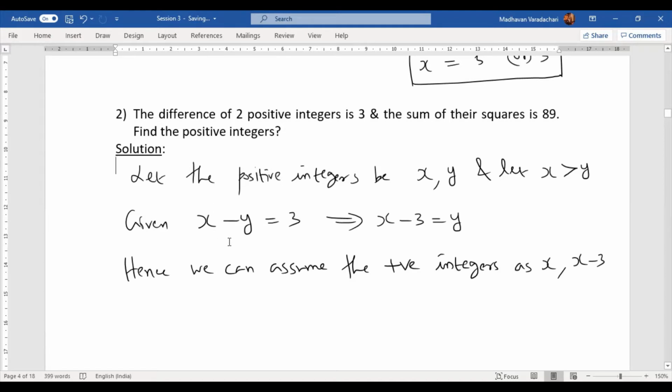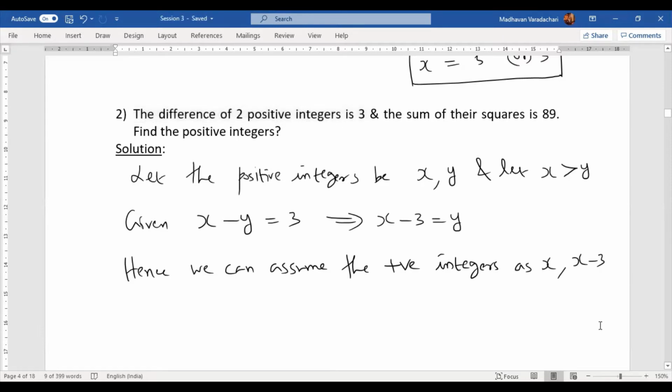I wrote these steps so that whatever is expressed here is clearly understood. When they say difference of two positive integers, it is better to start with x and y, understand y in terms of x, then you can rewrite the positive integers you are going to assume. We are going to assume now as x and x minus 3.